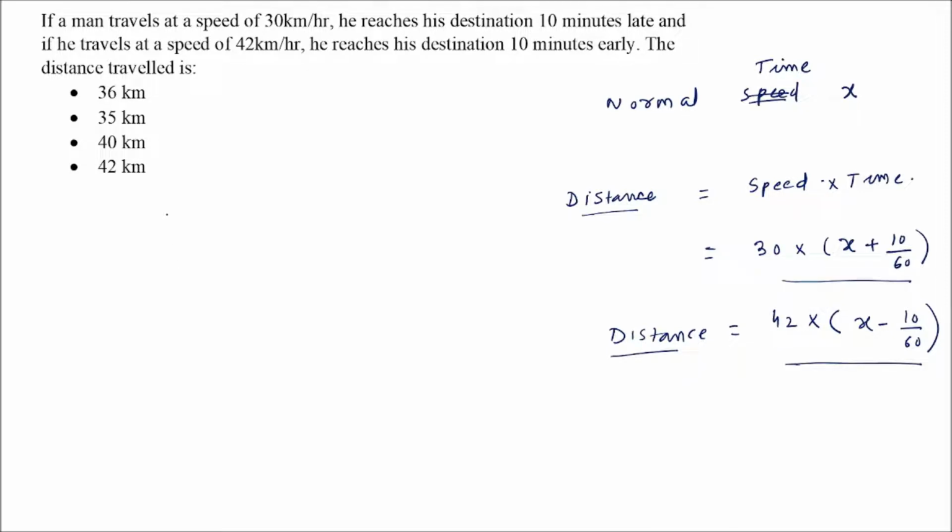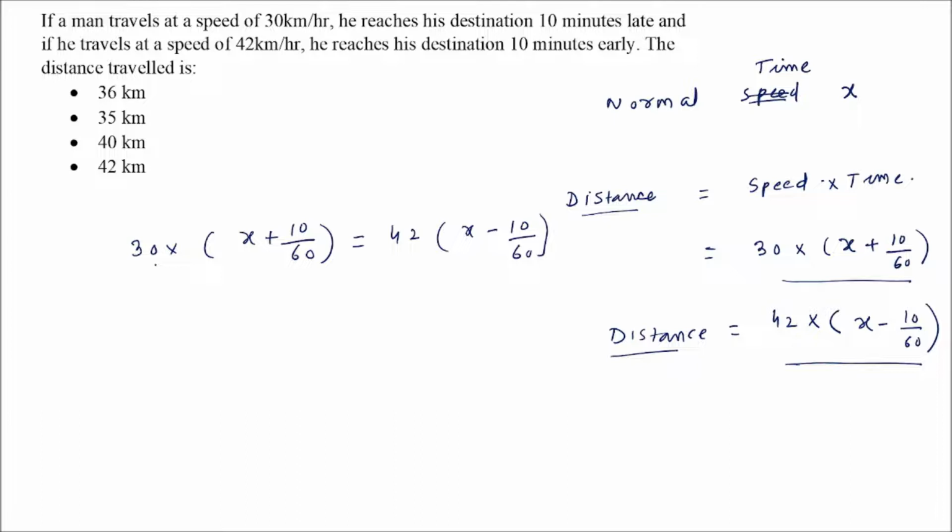So 30 into (x plus 10/60) is equal to 42 into (x minus 10/60). So it is multiplied by the 30.